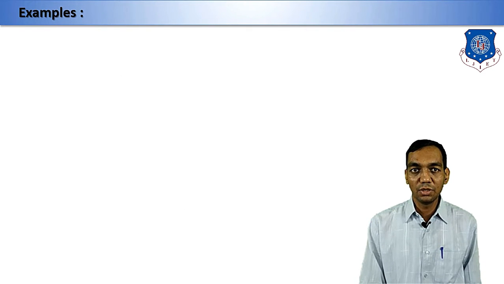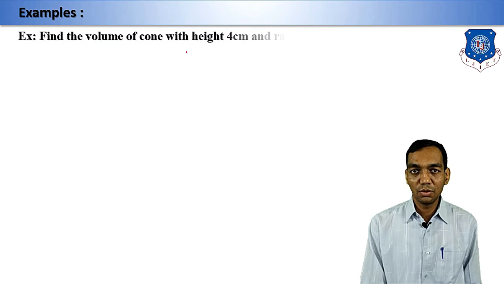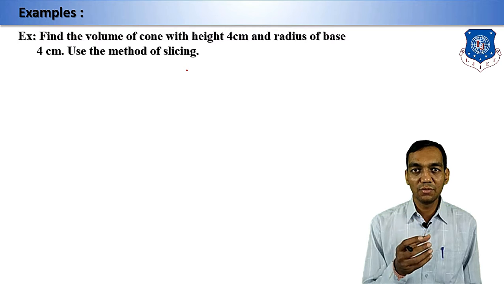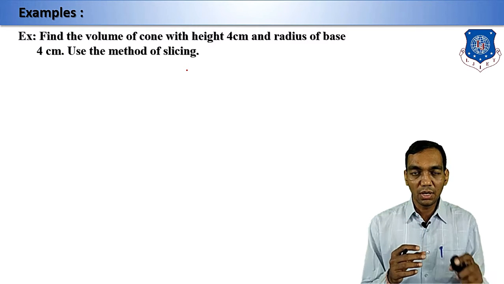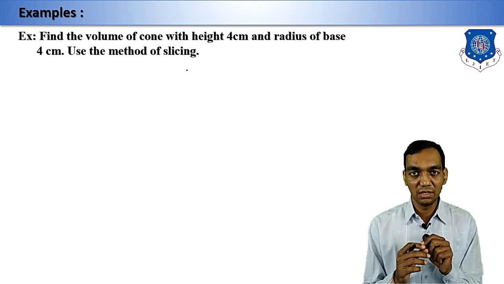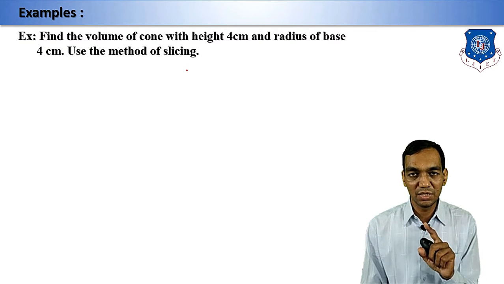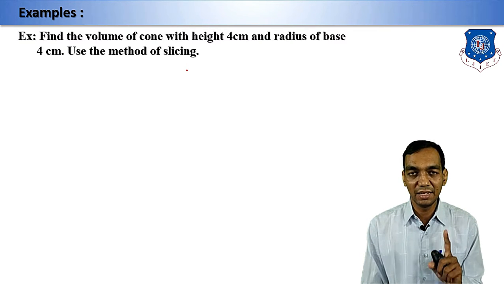First of all, find the volume of a cone with height 4 centimeter and the radius of base 4 centimeter, and use the method of slicing. Now see what you have been given. You have one cone with height 4 centimeter and the radius of base 4 centimeter. That means the circle at the base has a radius of 4 centimeter.